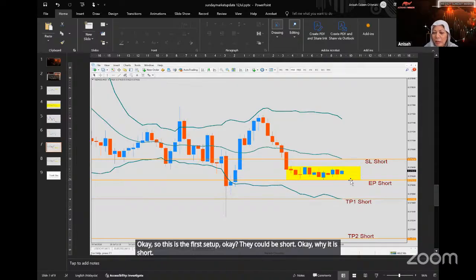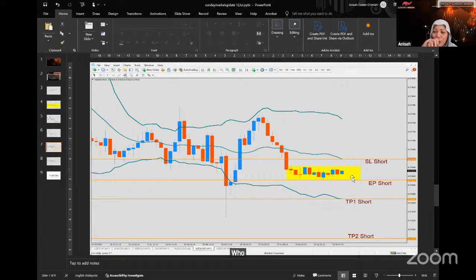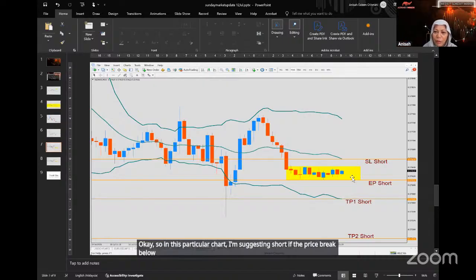Because it is a rectangle. Being in a rectangle means the bulls and bears are in a fair fight, a constant fight. So we will only know who wins by looking at which direction the price breaks out. In this particular chart, I'm suggesting short if the price breaks below the rectangle.